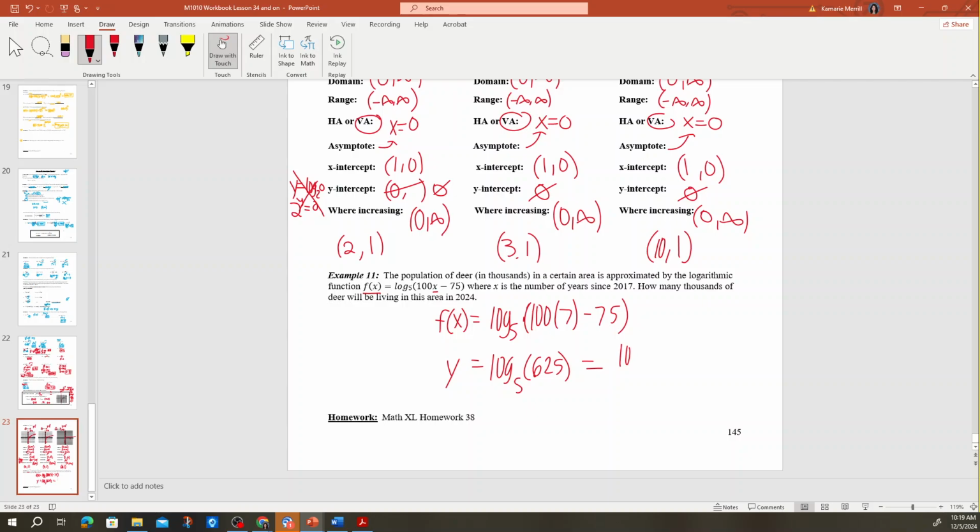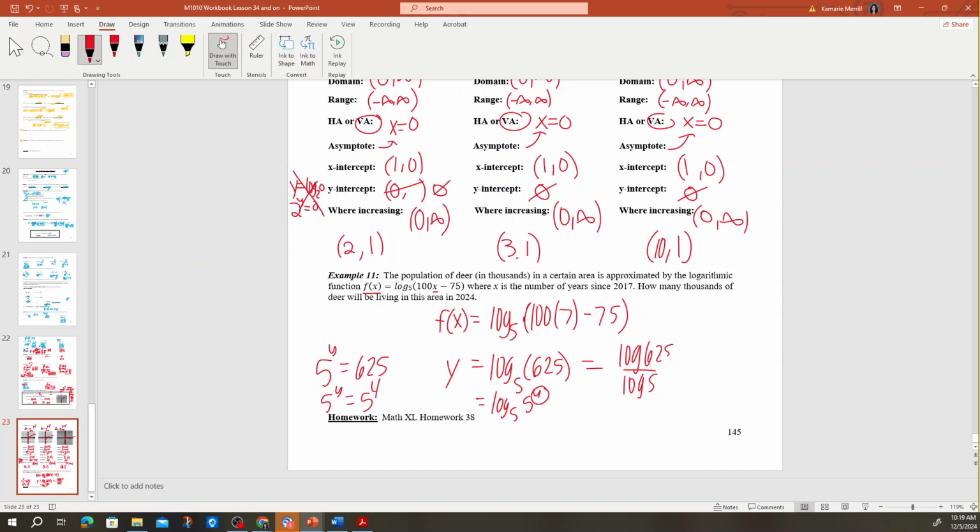You could do change of base. You could convert and say, 5 to the y is equal to 625. Let's manipulate it. 5 to the y is equal to 5 to the what? 4. I could have also said, log base 5 of 625 is 5 to the 4, and that also tells me it's 4.